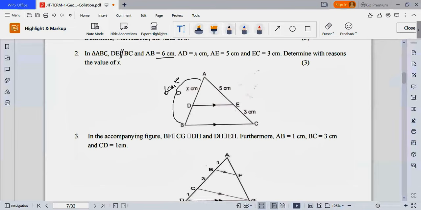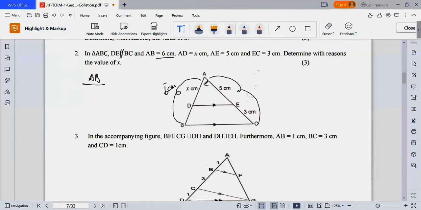Now that we are given the whole 6 centimeter for AB, we can use that in proportion to the whole length, which is AC. So this is going to be AB over, now look at how I'm taking this. Since I'm taking the whole length AB, I also need to take the whole length AC because it's in proportion to AB.